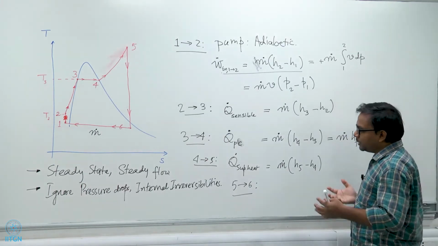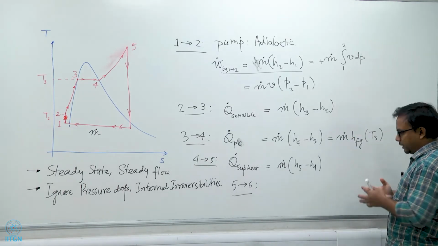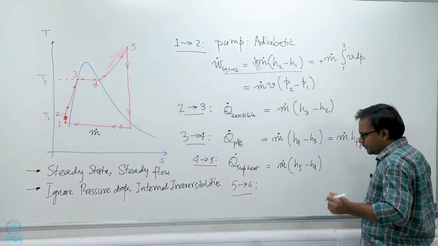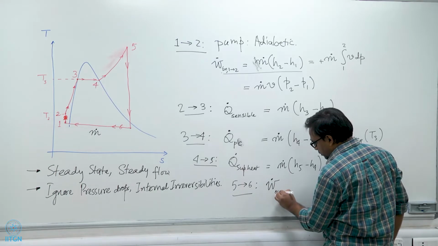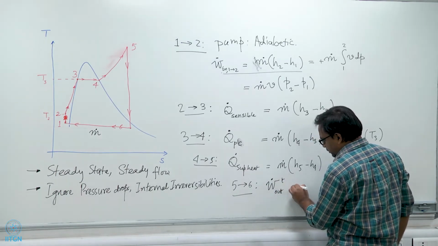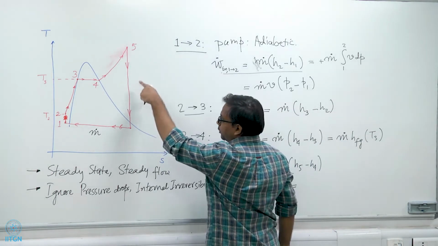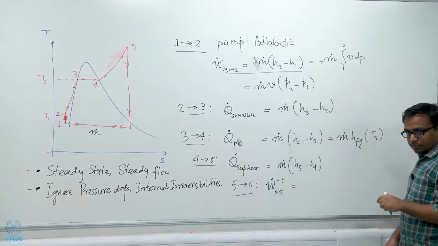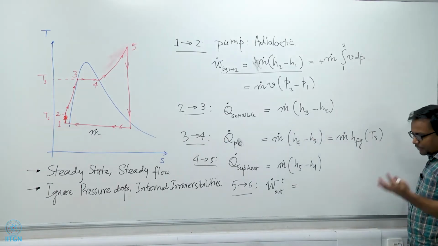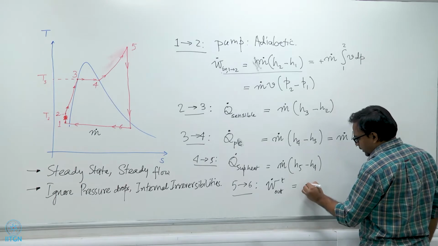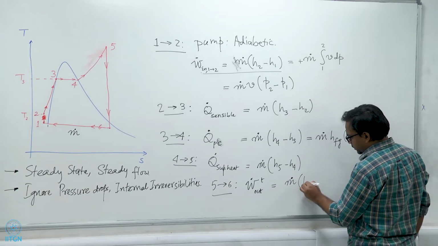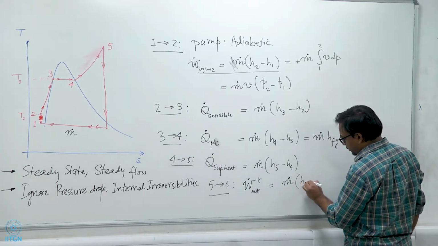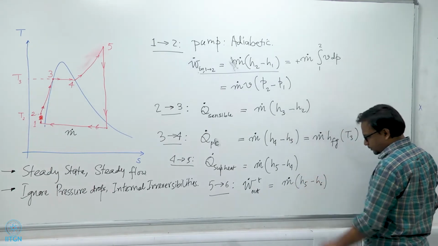So, here there will be W dot out of the turbine, which will produce work output, and by applying the first law of thermodynamics to the turbine, which we have done repeatedly, you will see that this happens to be m dot times H 5 minus H 6.